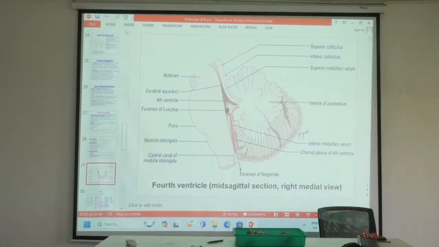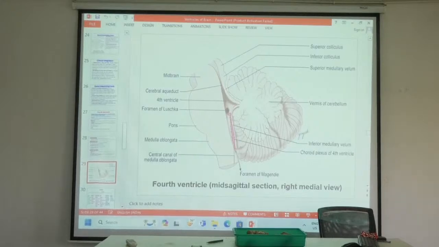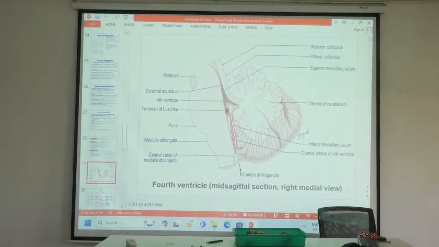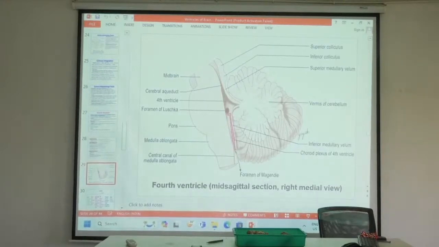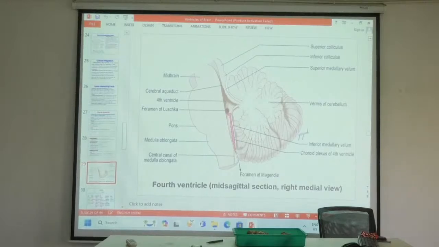Here is superior medullary velum, here is inferior medullary velum, and this is the median dorsal recess extending into the cerebellum. And you can see the location of the fourth ventricle. It is lying posterior to the lower part of the pons and upper part of the medulla, and anterior to the cerebellum.